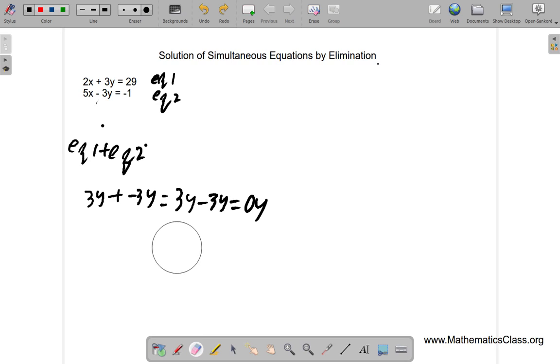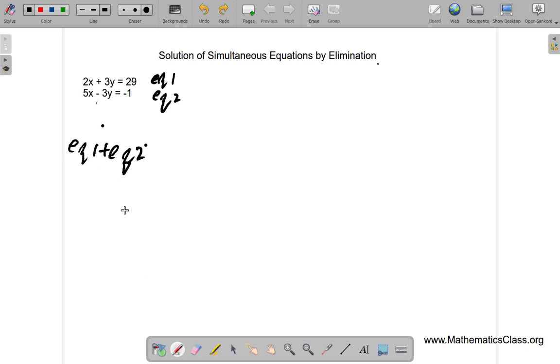So now that we know that we can eliminate y by adding the equations, we say equation 1 plus equation 2, that's 2x plus 5x. Alright, that part will work out. Let's put the x part in red. So we have 2x plus 5x.